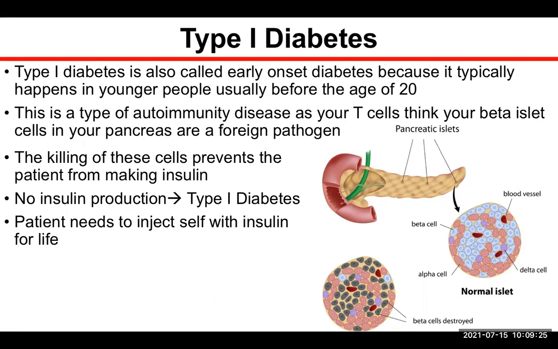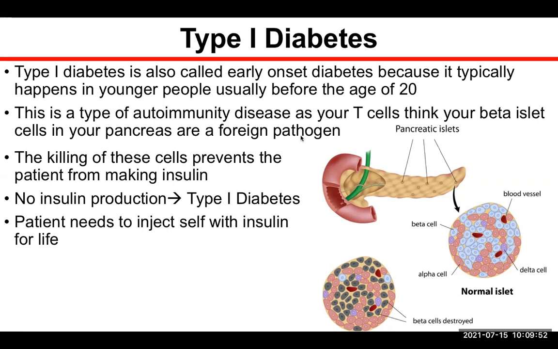The body is really good at recognizing when something is foreign and when it's self, but it's not always. So with some of these people, your adaptive immune cells are recognizing self as a pathogen. And one of the antigens that the T cells are recognizing are your beta islet cells, the ones that secrete the insulin.